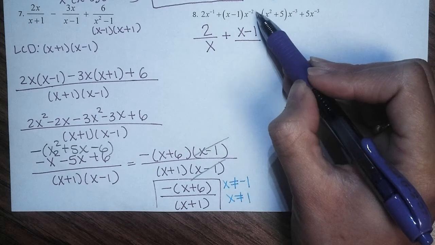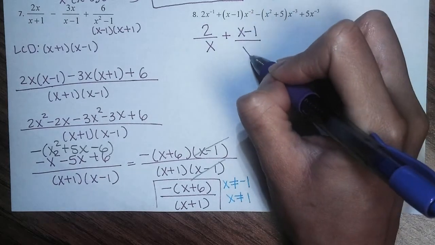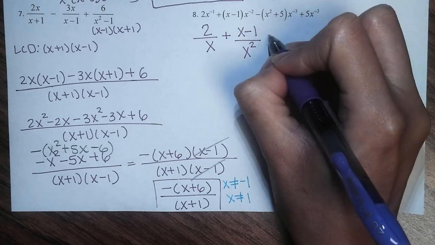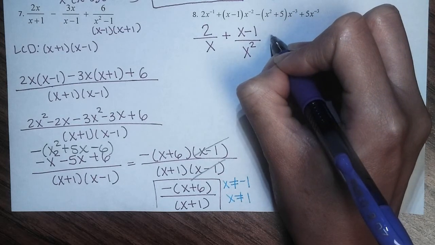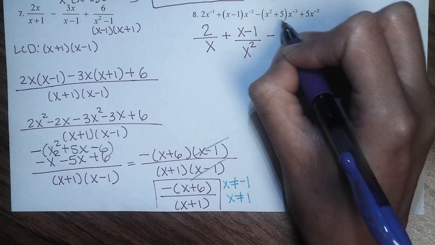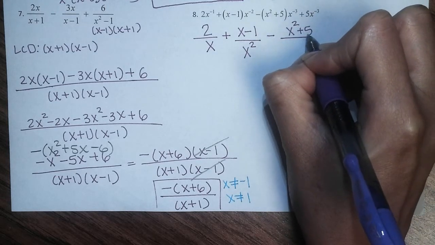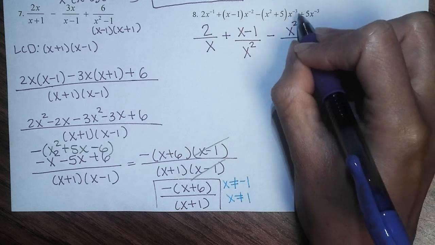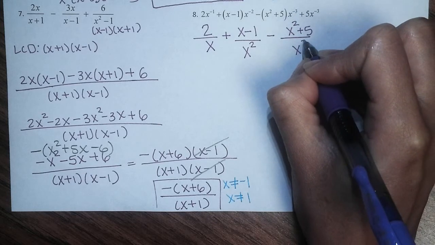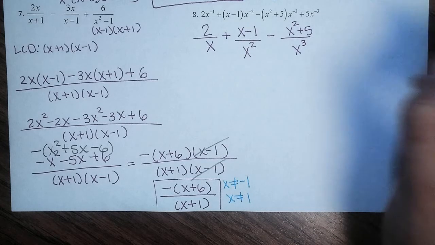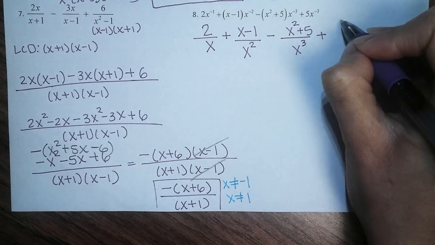However, the x to the negative 2, that's going to come in the numerator to make it positive. x squared, minus x squared plus 5 over x cubed. And then plus a 5 over x cubed.